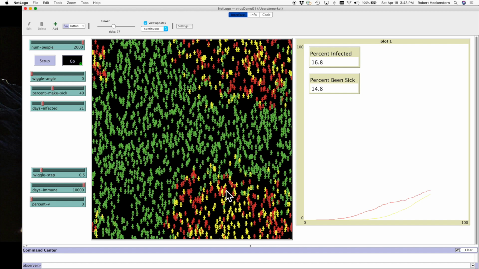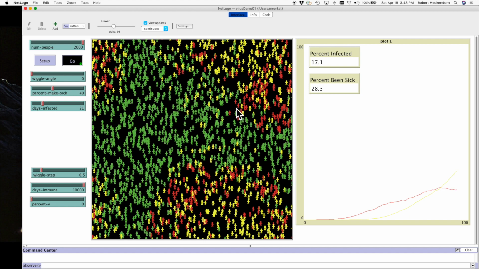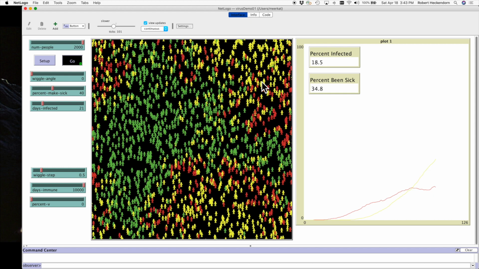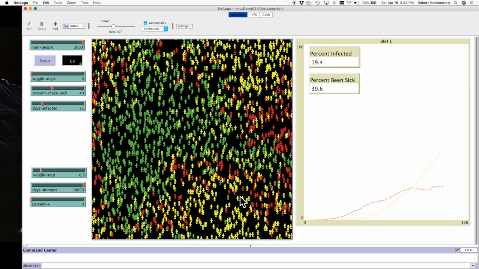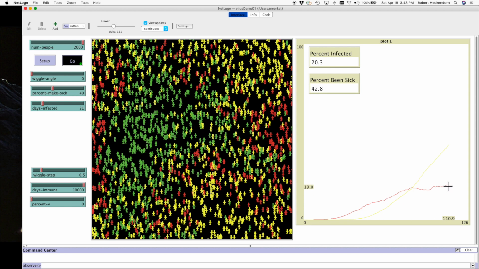The yellow is the ones that have recovered. There's no death in this simulation, so as time goes by, the number of yellow individuals gets more and more, and they cannot catch the disease again. Over here is the number of red individuals represented by this red line.